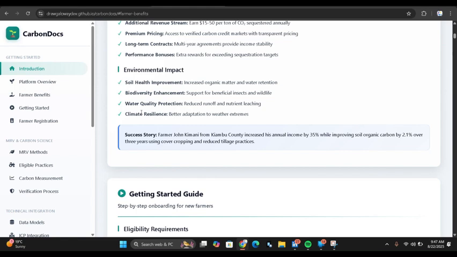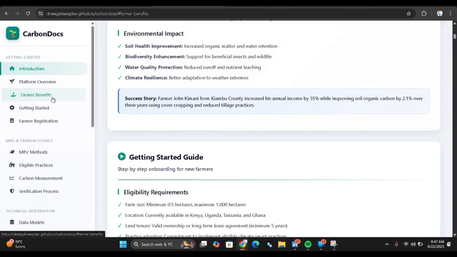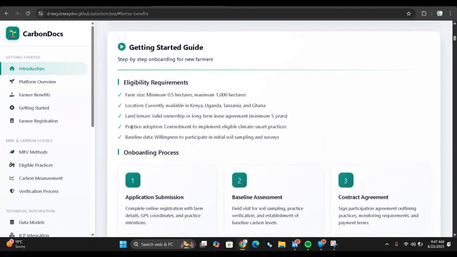A success story here: a farmer called John Kimani from Kiambu County had an annual increase of around 35% in soil organic carbon, and also 2.1, over 3 years of using cover cropping and reduced tillage practices.